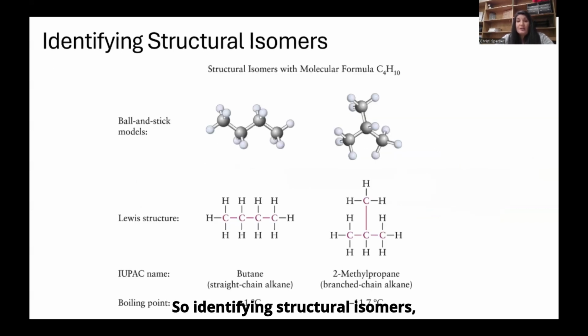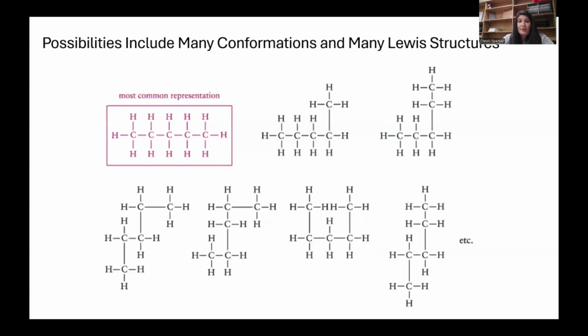So identifying structural isomers, remember they have to have the same molecular formula and they just have different shapes. So this is the same example as before. The possibilities include many conformations and many different Lewis structures. This is the most common representation of an alkane, just a straight chain. This is a 5-carbon straight chain alkane, and these are all the different structural isomers of it.